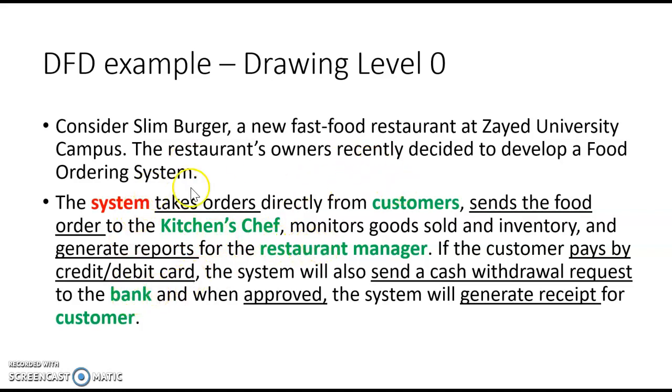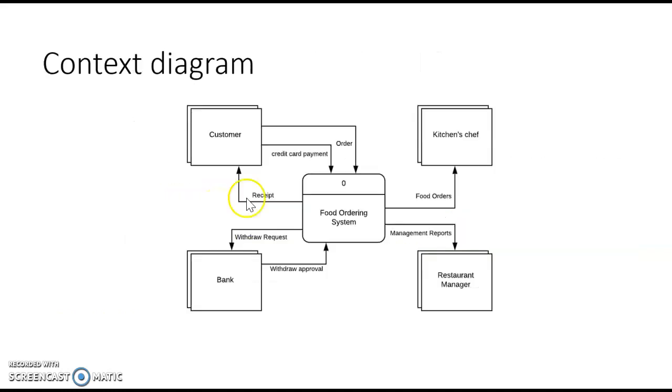We also identified the relationship between the system and the different external entities, which are actually our data flows. And we drew our context diagram, and then identified the different data flows: order, credit card payment, and so on.